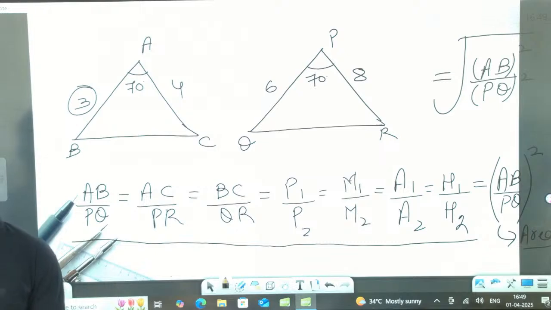Triangle ABC and triangle PQR are similar.